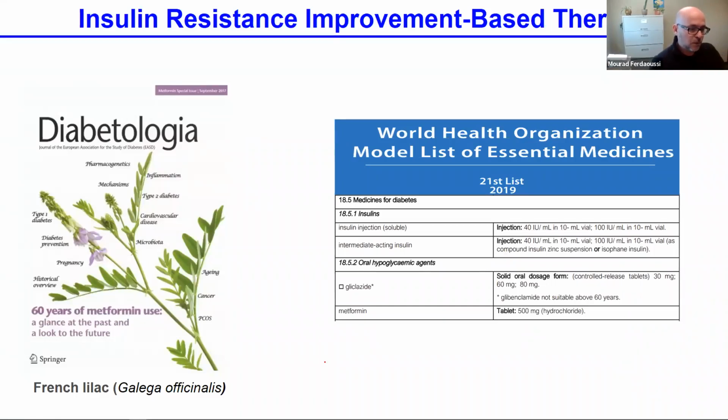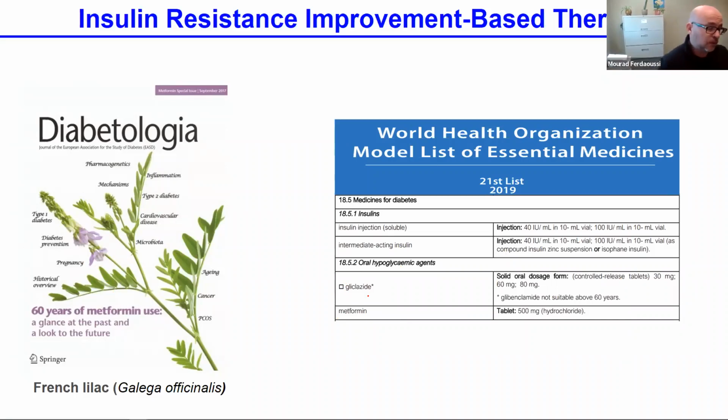Another old drug that is used is called metformin. Actually, this drug was extracted from a plant called the French lilac. And according to the World Health Organization, metformin is the most prescribed drug to treat type 2 diabetes, and also the sulfonylurea is the other main drug, because they are cheaper.